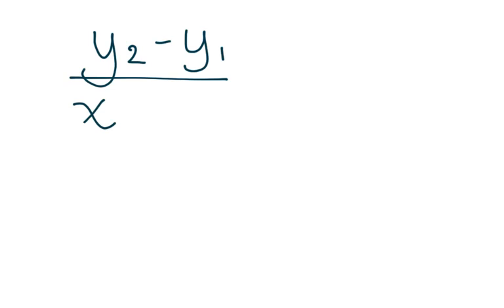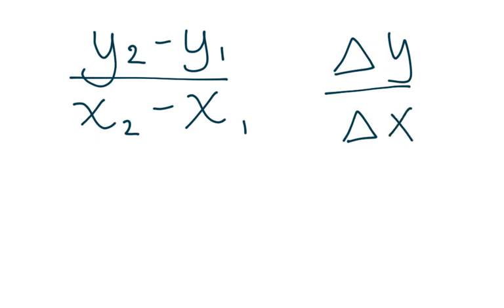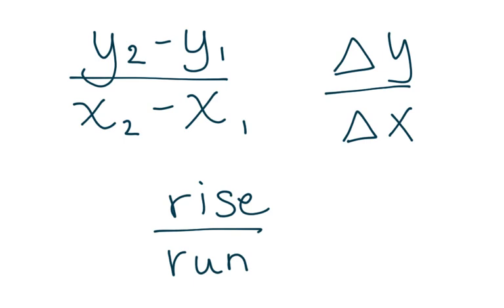Just to review slope, the formula for slope is y2 minus y1 over x2 minus x1. It is change in y over change in x. It is rise over run, or if it's negative, I like to think fall over run.